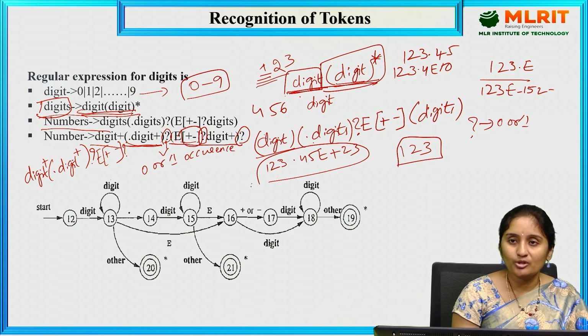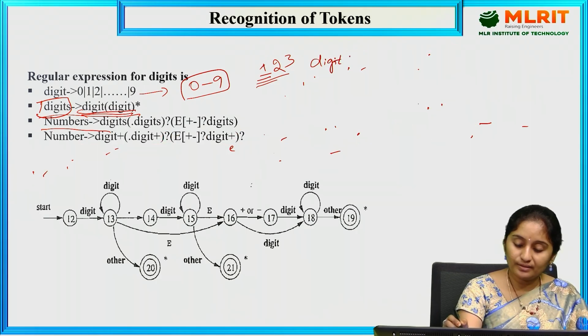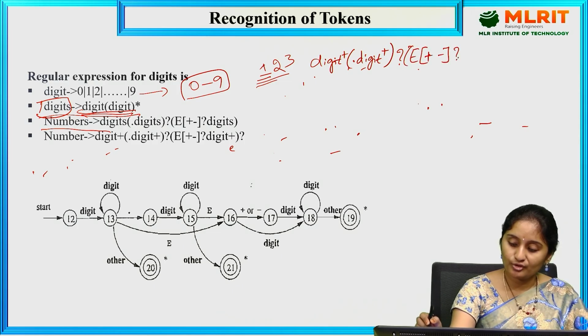When we write the regular expression or draw the transition diagram, we need to check all the possible cases. Let us see this one: digit plus dot digit plus question mark E plus minus question mark digit plus question mark.